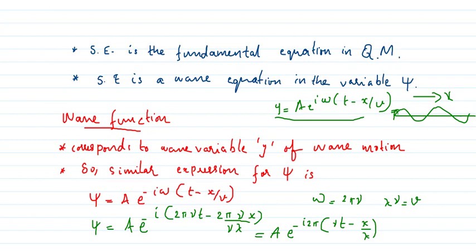Something visible like a water wave, or a wave produced in a string, or waves produced on the surface of a water body, all those represent a wave amplitude, something that we can see, observe, and measure.